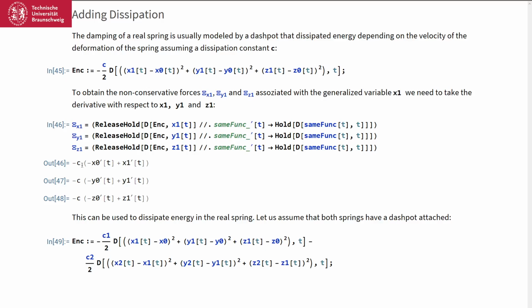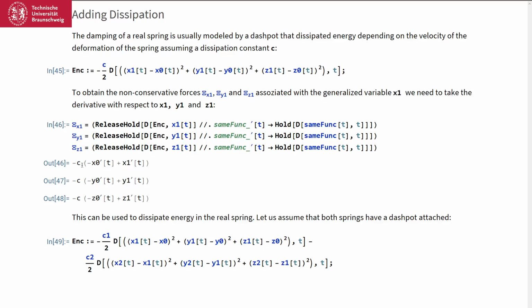I never saw dashpots or springs in this kind of way. Okay, but you should have learned somewhere about a harmonic oscillator, for example in lecture 1 of this series.